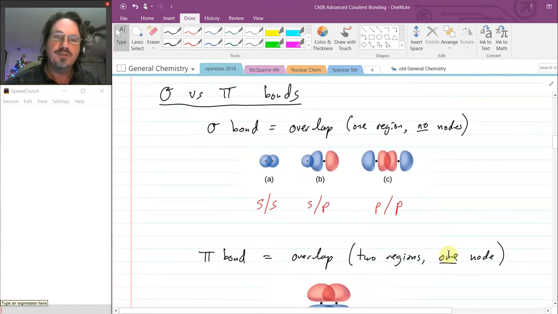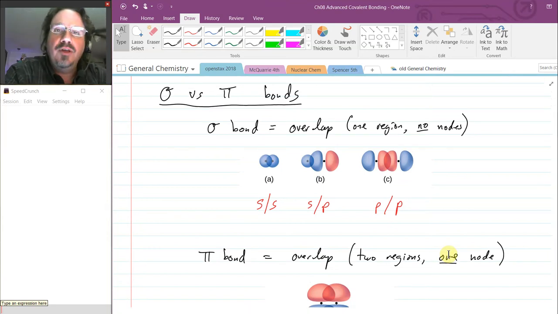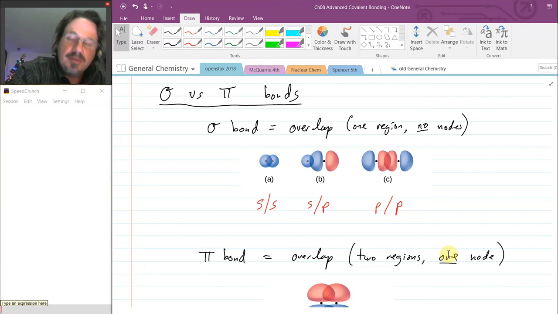Sigma versus pi bonds. In this case, we are talking about the type of overlap that you can get between the orbitals of the two atoms. If we get them to overlap at that optimal distance, we get a bond, right? And they're going to share those electrons in the overlap region. There are two different ways I could overlap atomic orbitals.